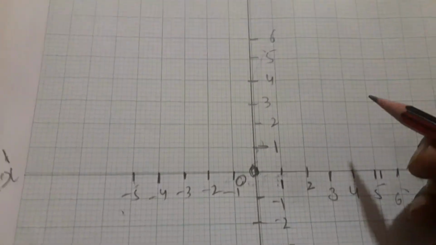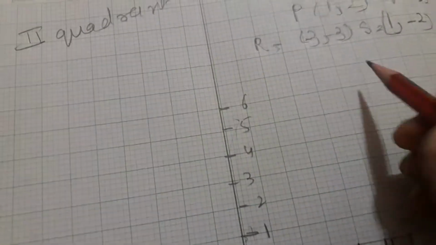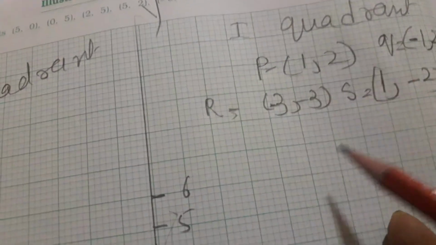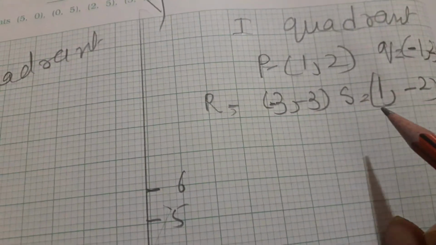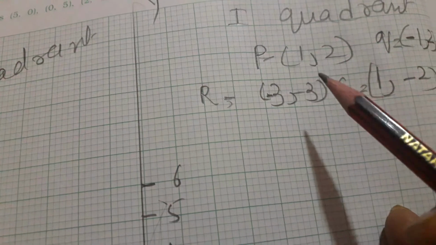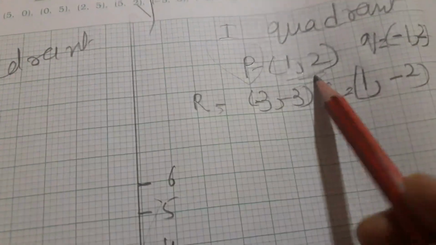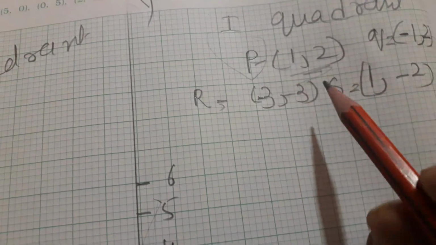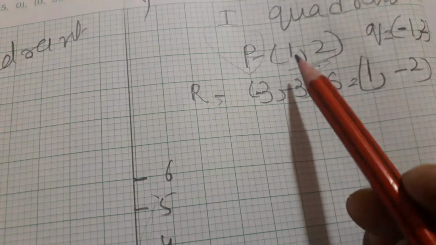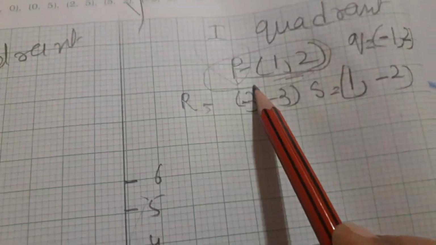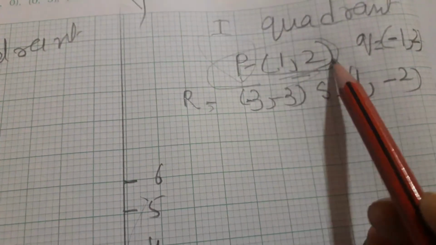At this point, if we have to represent a point, let us see. I told you in the introduction that to locate any point, we need 2 things. I gave you the example of your house. Here also, on this coordinate plane, I have to represent a point. I need 2 things, first 1 and 2.